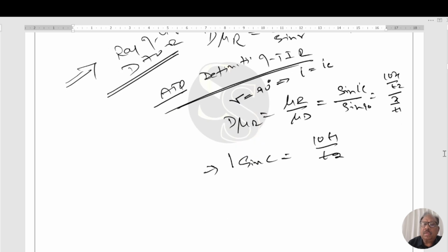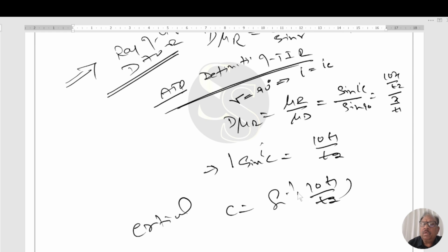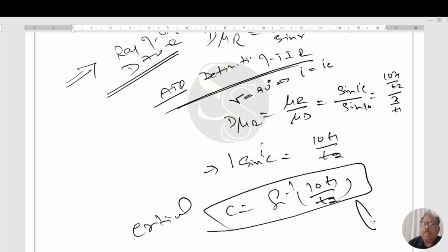Therefore, critical angle will be equal to sine inverse of 10 t1 upon t2. This is the answer.